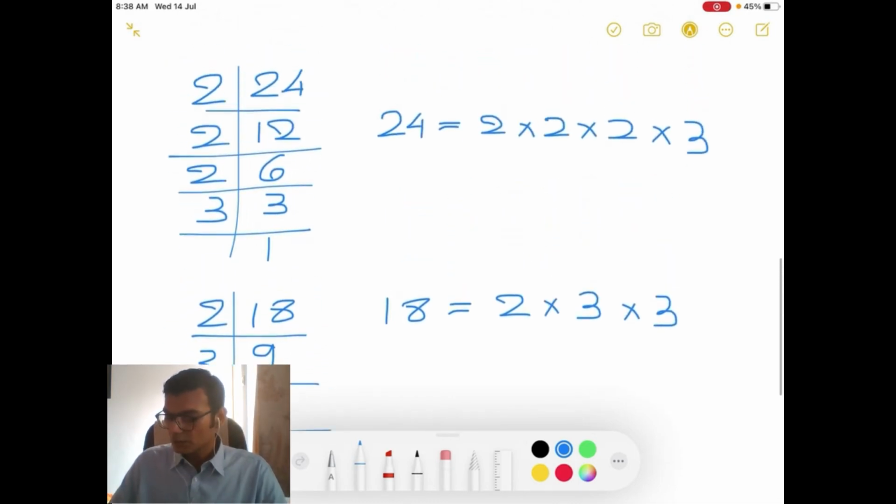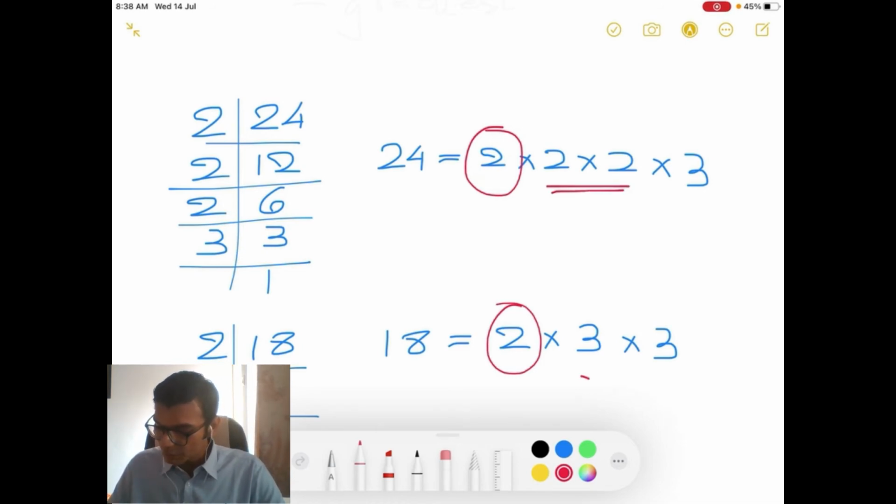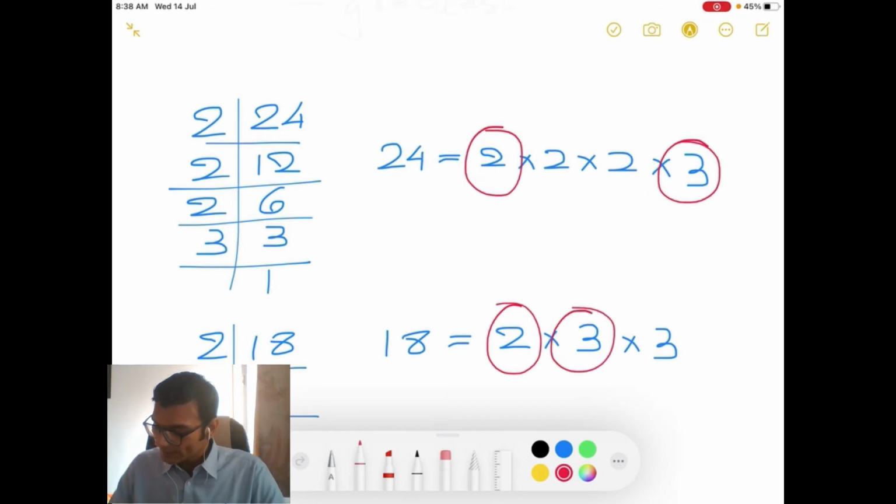Now let us look at the list of the factors that we have here, and we are finding the highest common factor. So let us look at the factors that are common. One 2 is common. We have 2 more 2s, but they are not present in the list of 18, so we'll not look at that. Then if you look, one 3 is in 24 and the other 3 is in 18.